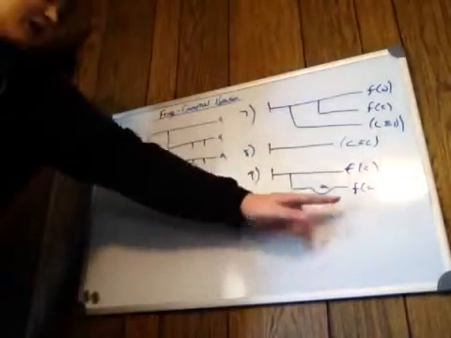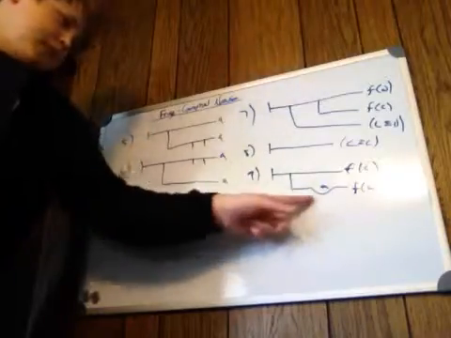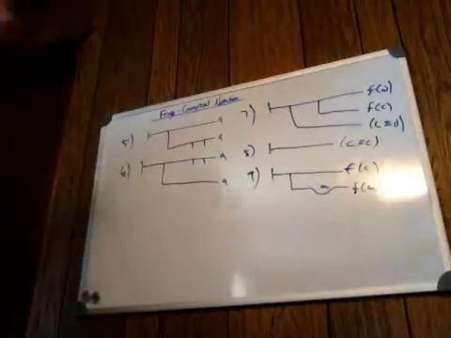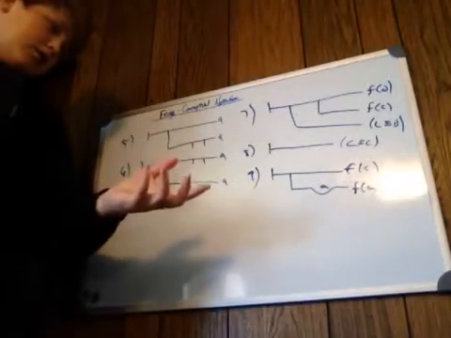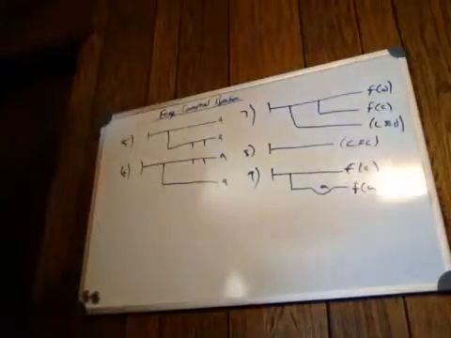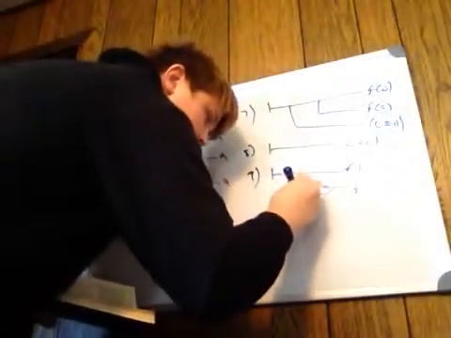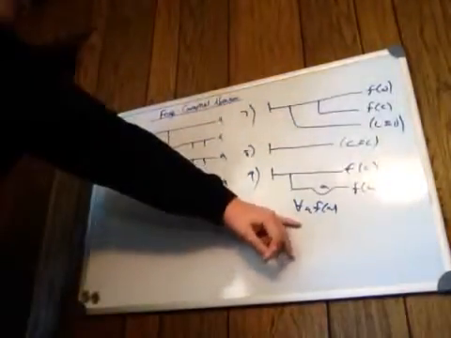Now he uses the Gothic A, which I can't really do that well, but this little concave A in the concave line stands for generality or universality, and the common way of doing it today would be this universal quantifier.